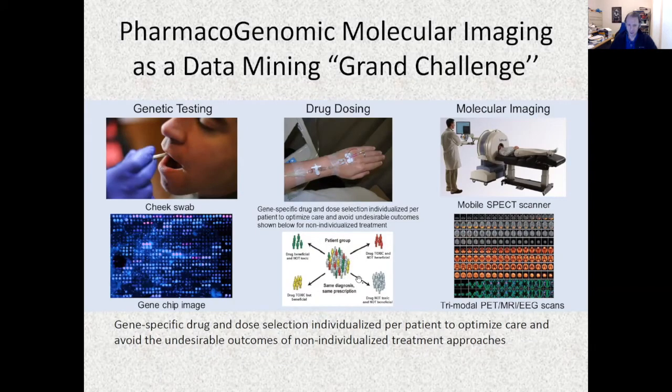We want to be able to understand our different patient groups for when is a drug beneficial or not beneficial, when is a drug toxic or not toxic. So in that 2x2 analysis, we get 4 groups. And this creates overall, with all these different modes and kinds of data, really a data mining grand challenge.